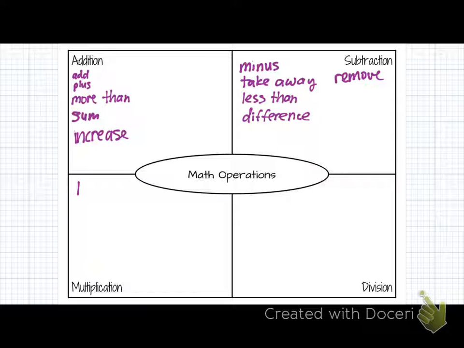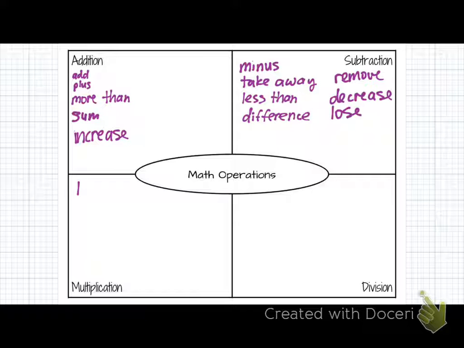Yes. Decrease. Good. Any other ones? Yeah. What? Lose. Okay, we could use that. And we're kind of thinking of big ideas. So like if you're reading a story in a book, we are thinking math in the stories, but we don't explicitly think of it that way. But we do think the concepts.